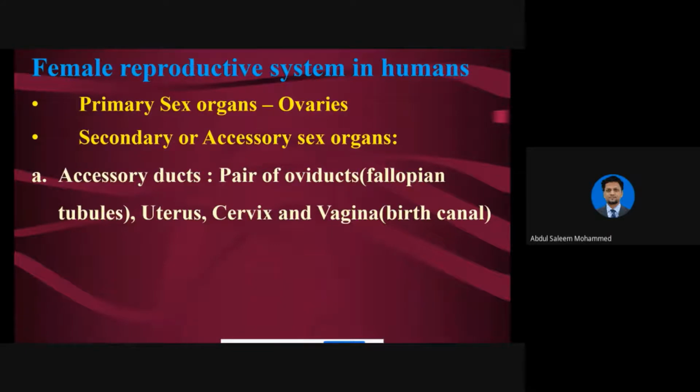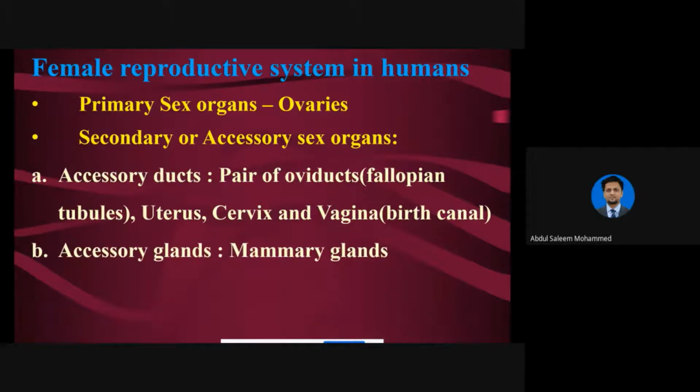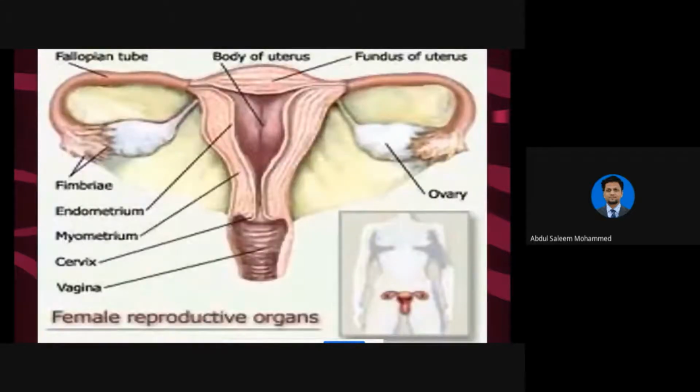Then followed by uterus, cervix, and vagina, that is commonly known as the birth canal. And also there are accessory glands like mammary glands present in females. The external genitalia is the vulva. So let us find out all these structures one by one.